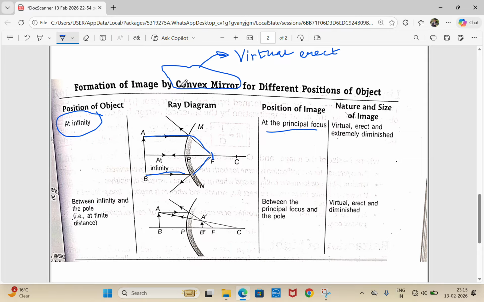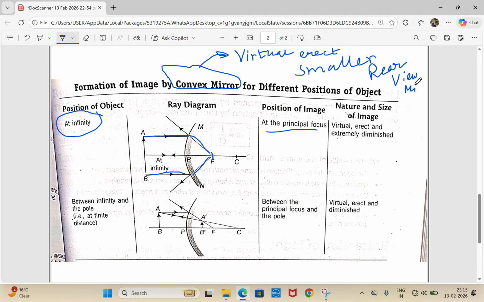So in case of convex mirror, the image is virtual, erect, and you can obtain a smaller image, like a rear view mirror of your scooty or vehicle.